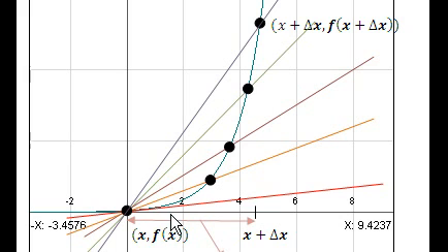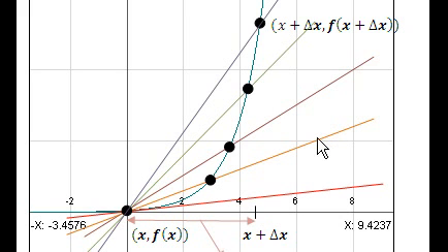So we say as delta x approaches 0, our secant line is approaching what is known as our tangent line, and this red line right here is considered to be our tangent line.